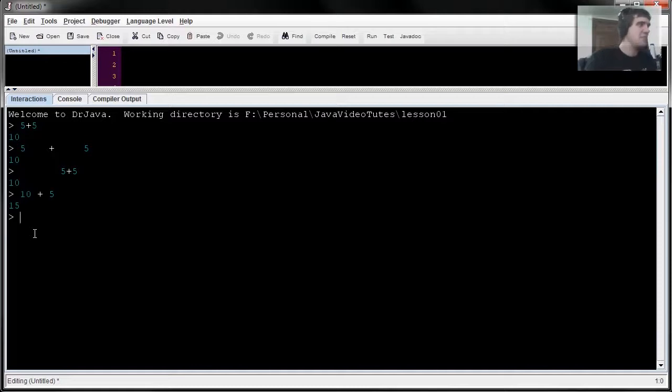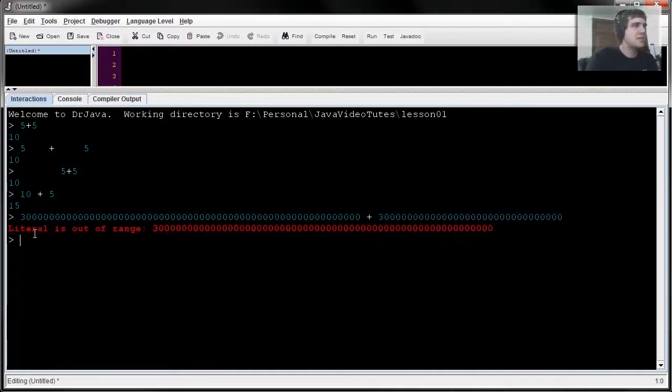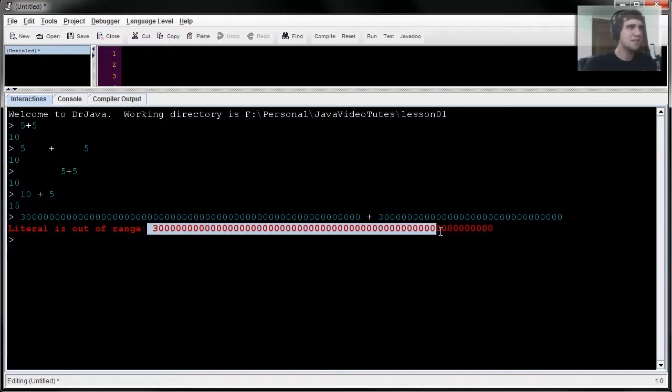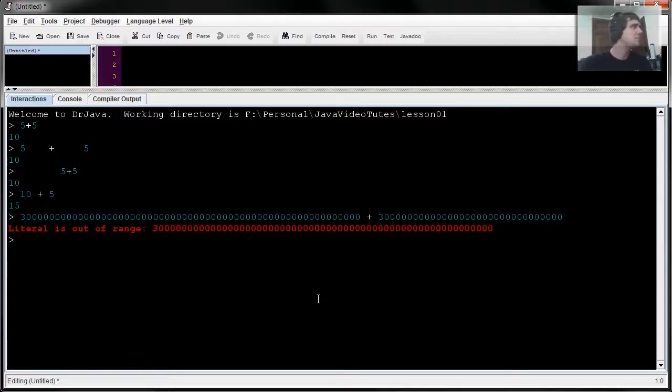You can't make up any number you want. Now that was kind of a lie. I mean, you can get ridiculous. See this literal out of range, and maybe later we'll learn how to deal with that, but it's very unlikely that you'll need to keep track of a number this big unless you're doing some scientific or mathematical programming.